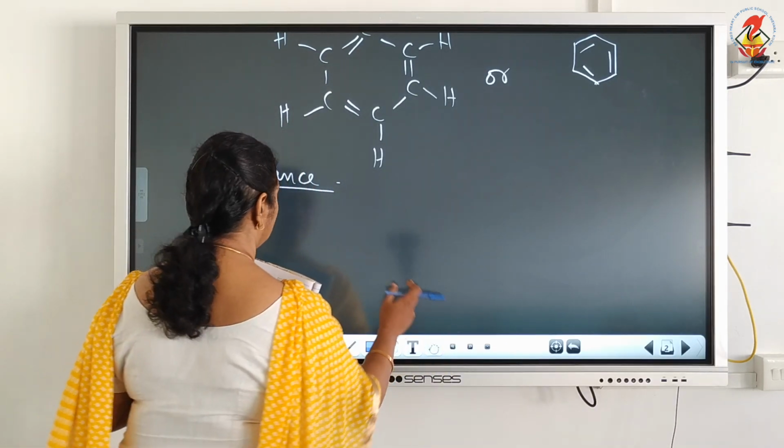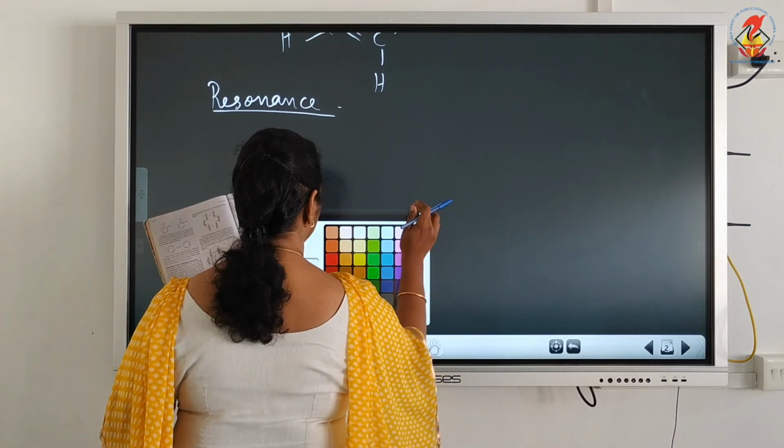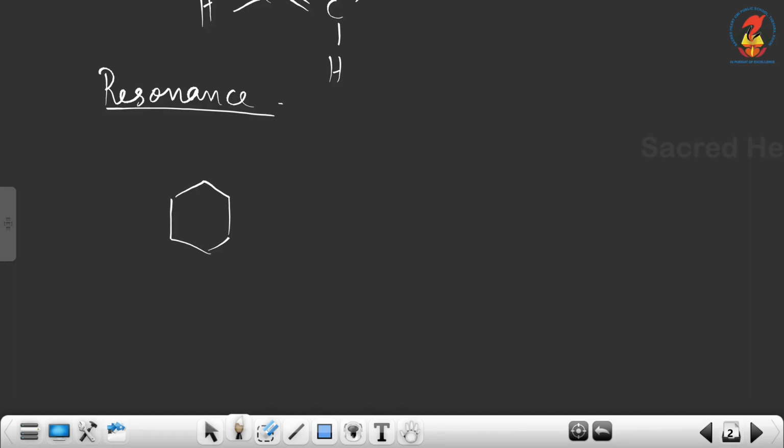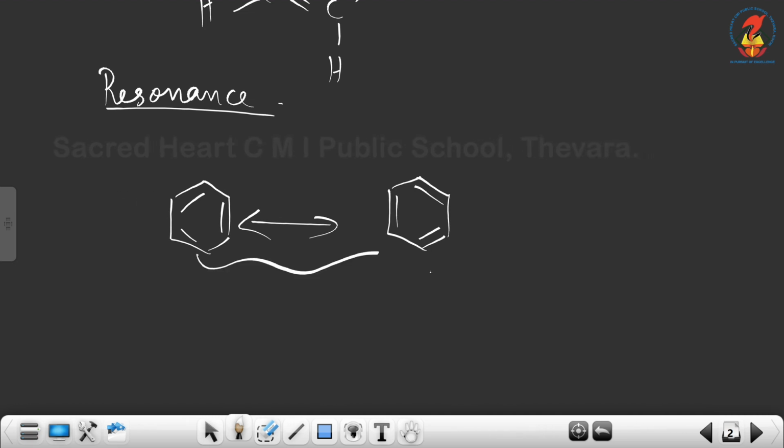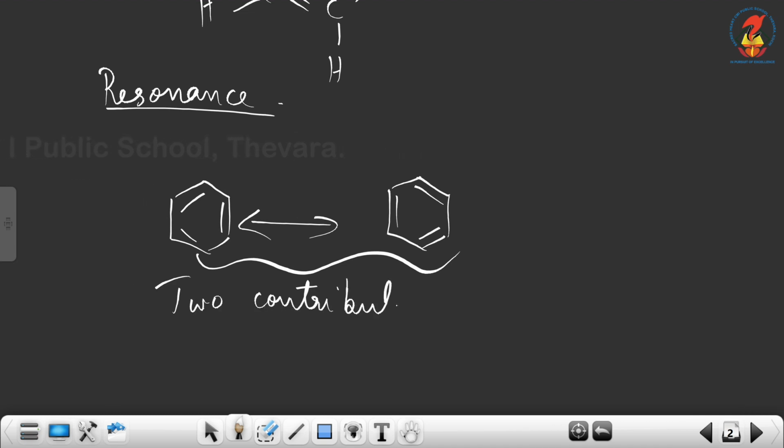The contributing structures are, this is one structure. Now the next resonance structure is, change the position of the double bond, so we have this. So these are the two contributing structures of benzene.